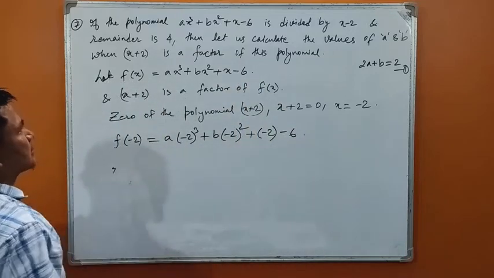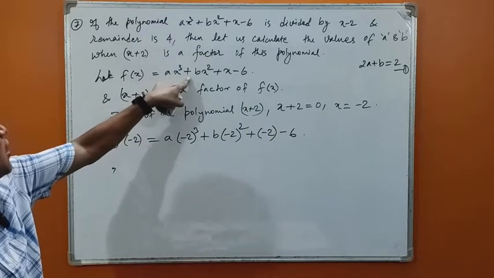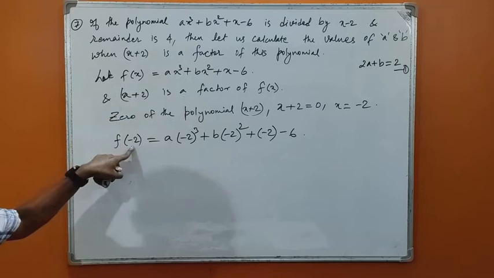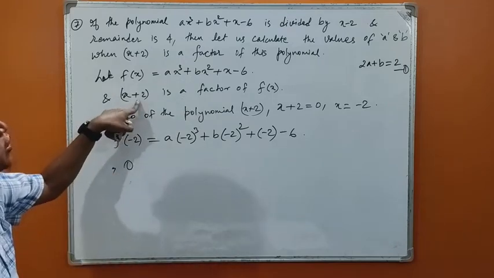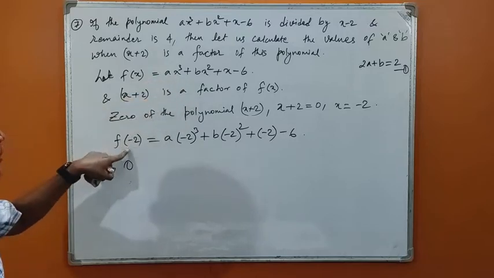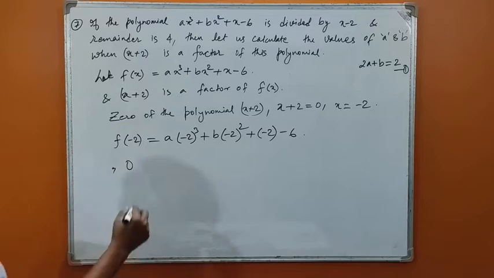So since x plus 2 is a factor of this expression f(x), f(-2) will be equal to 0. Since x plus 2 is a factor, the remainder should be equal to 0. f(-2) is the remainder, so it should be equal to 0, okay?